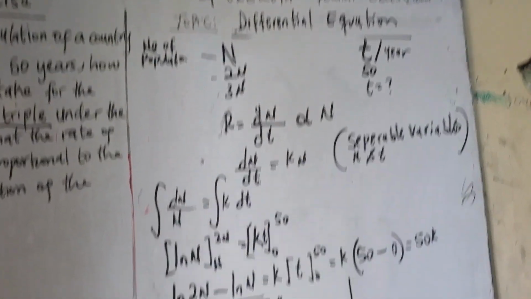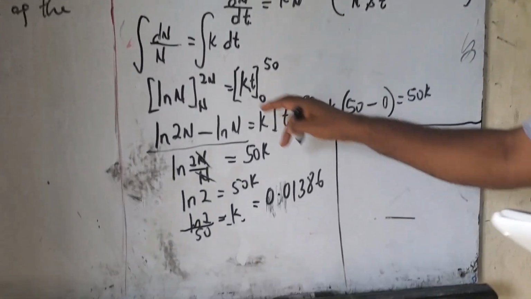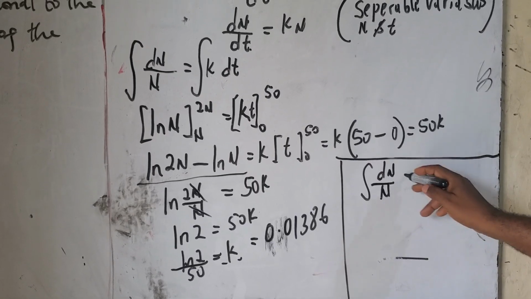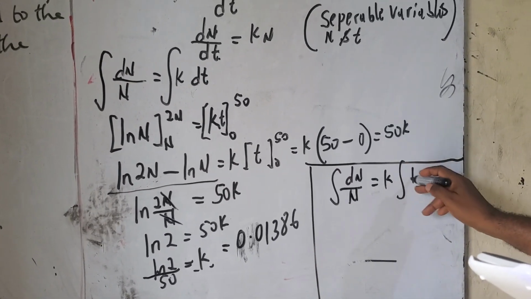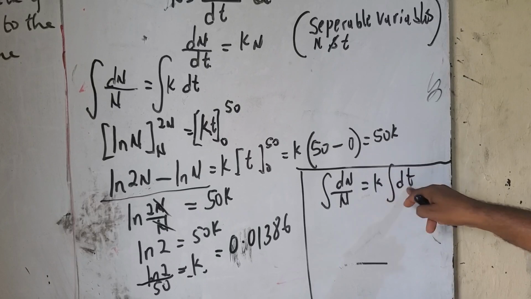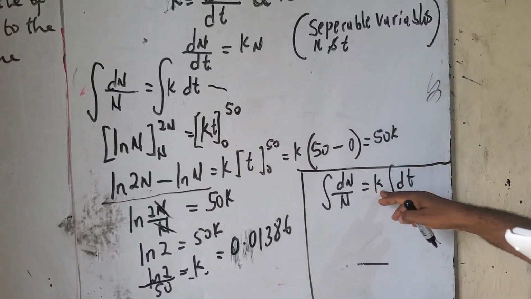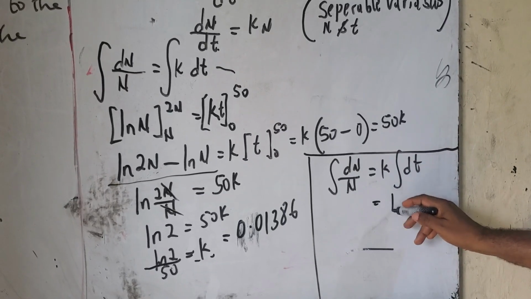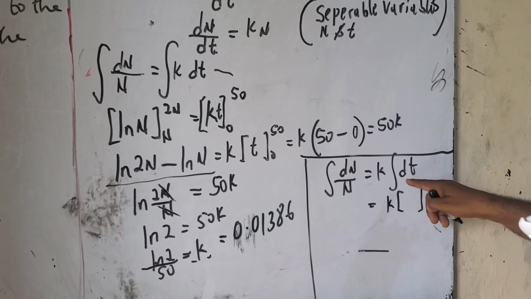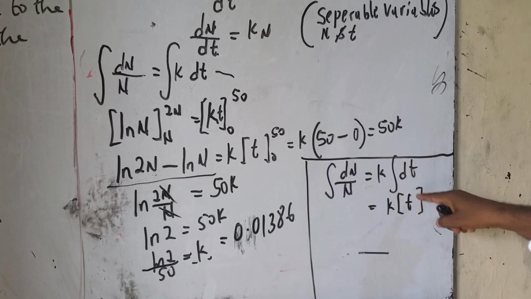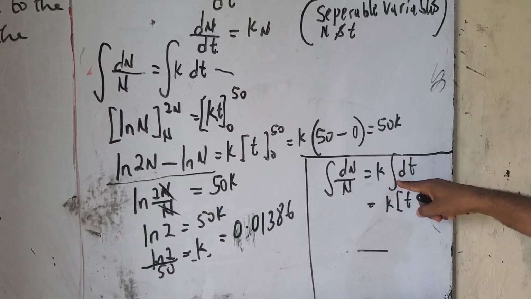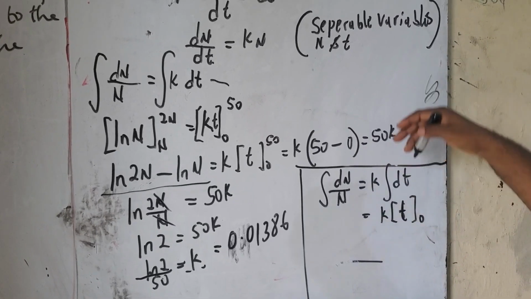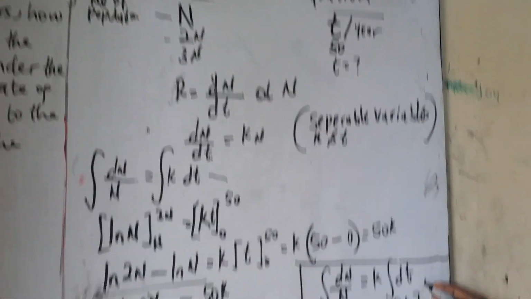Now, when the population is triple, what I have here now is integral dn divided by n is equal to constant k integral dt. When you integrate dt, it's going to be t. Then the limit of our integration is always from 0 in this particular question to the time t that we are looking for.